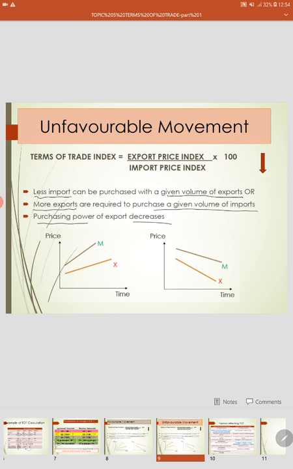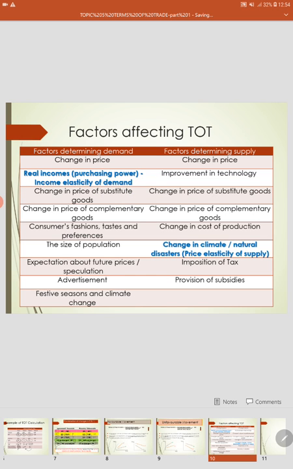Next, we're going to move on to the factors affecting TOT. For the first part, I'm going to look at micro factors. Micro factors is what you learn in your year 11 especially: factors that actually change your demand and supply.